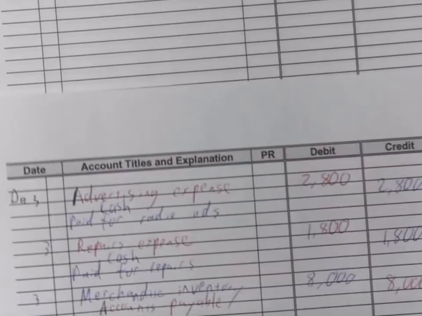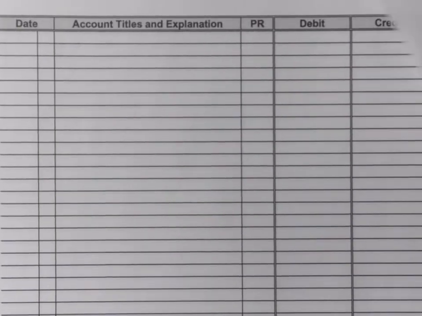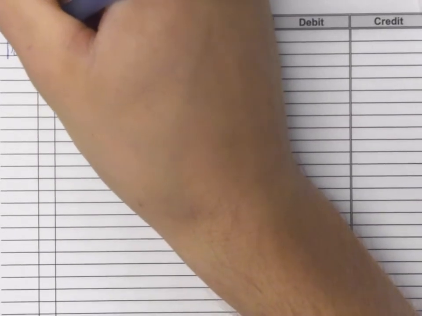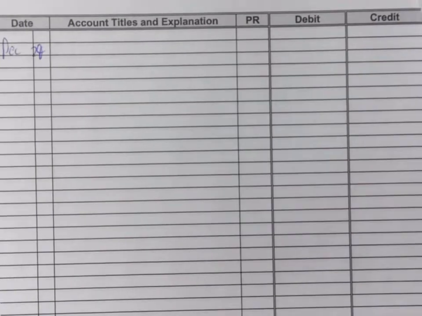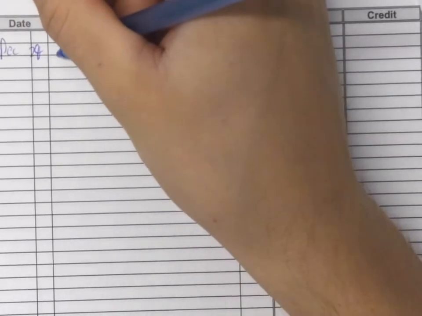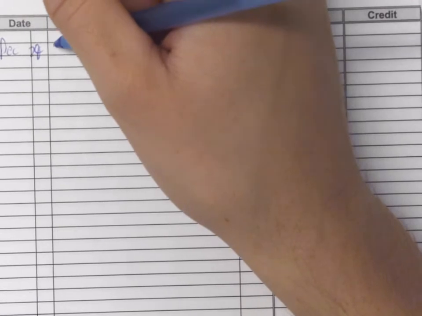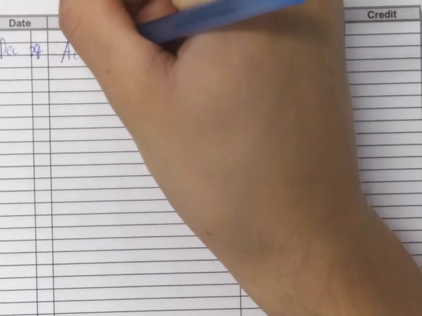Okay. So once again, we're going to have 2 transactions. Here we go, December 29th. It should be accounts receivable that we are debiting.